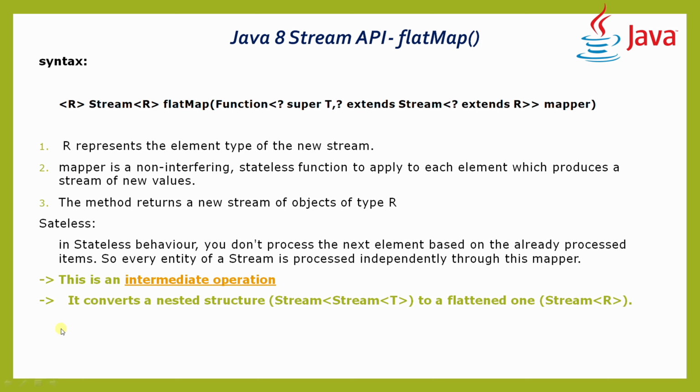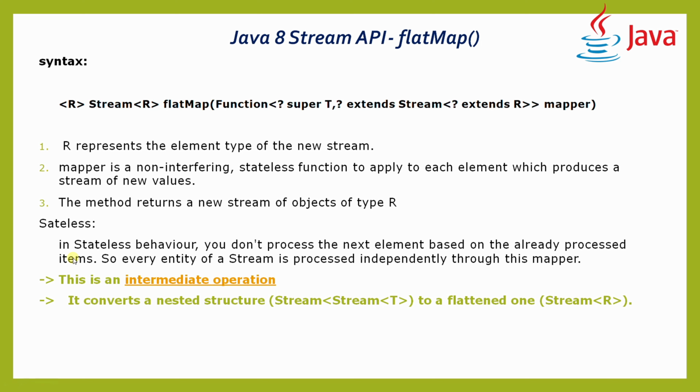What exactly does stateless mean? In stateless behavior, you don't process the next element based on the already processed element. Each and every object of a stream is processed independently through the mapper objects.